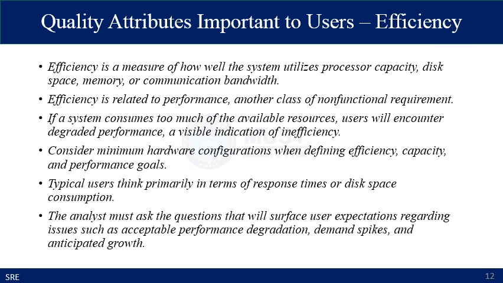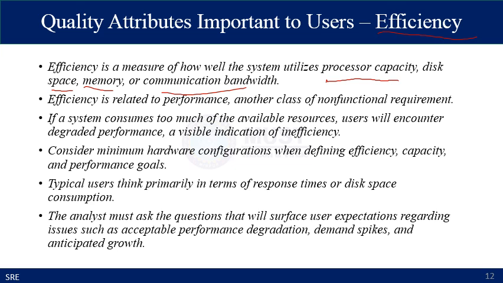The next requirement under consideration is efficiency, which encompasses many more features such as speed and output time or throughput time. Efficiency tells us how well the system utilizes processor capacity, disk space, memory, or communication bandwidth. Efficiency is also related to performance, which is another class of non-functional requirement.